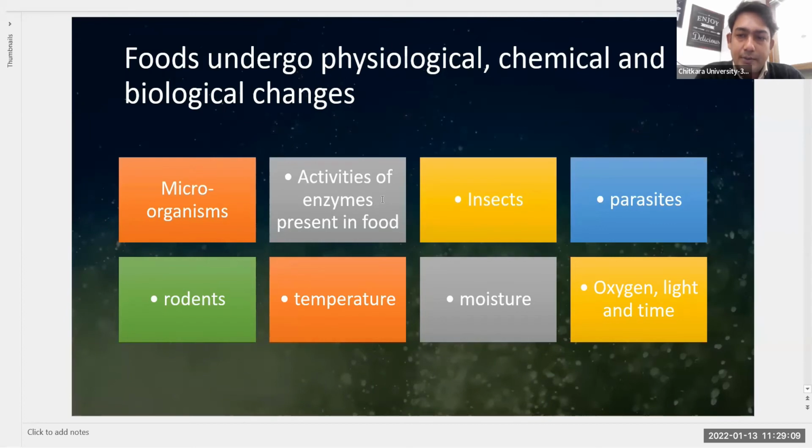Similarly, parasites, rodents, temperature, moisture, oxygen, light, and time. So all these factors affect the physical form, chemical form, and biological form of a product.